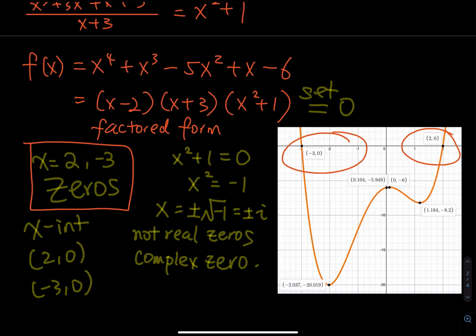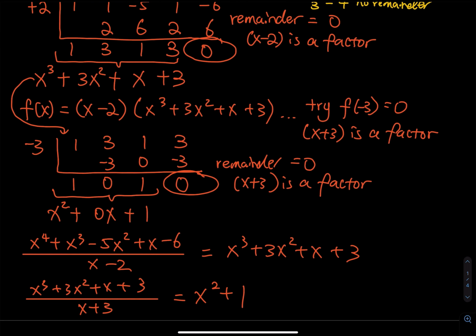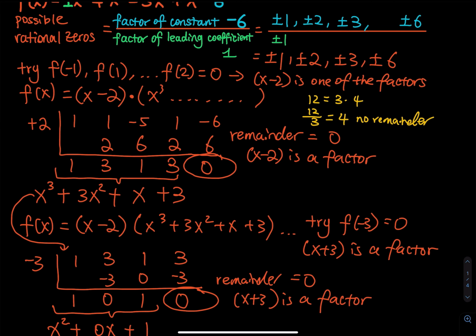All right, so that is the rational zero test. For the rational zero test, all you have to do is figure one factor out using trial. You try every single number, and then you find one factor.